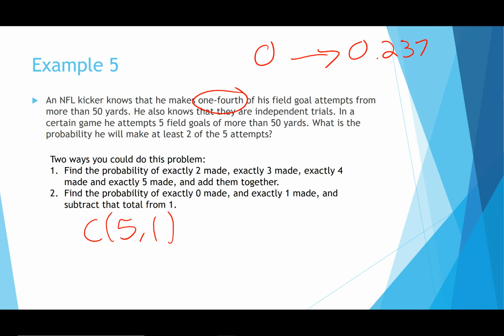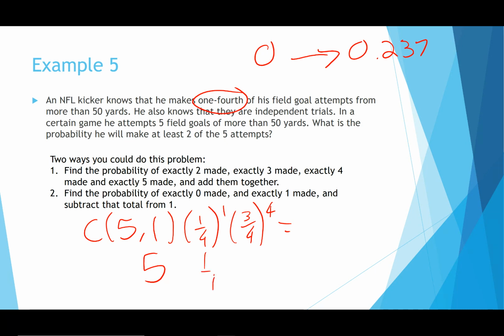So that would be the combination of 5 choosing 1. The probability of success is still 1/4, but now he's going to be successful 1 time, so 1/4 to the 1 power, times the probability he fails, which is 3/4, and he would fail 4 times. So 1 success, 4 failures, and let's calculate this. This number would be 5.